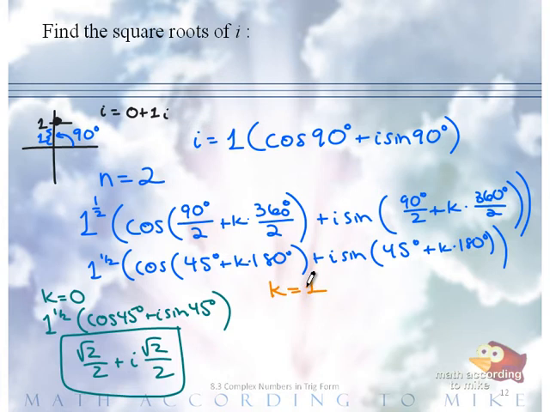So if k were 1, what's 45 degrees plus k times 180? 225. So we're going to have 1 to the 1/2 cosine of 225 degrees plus i sine 225 degrees.